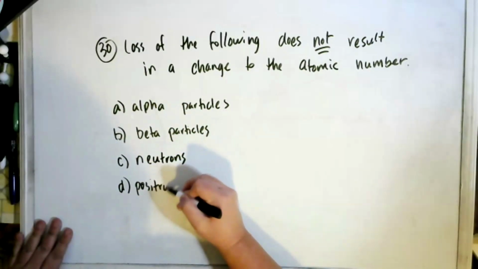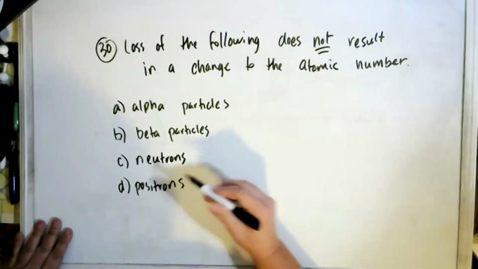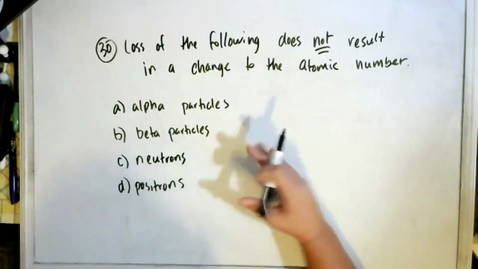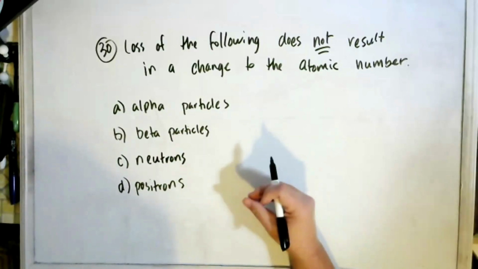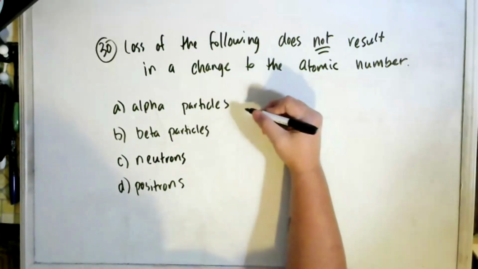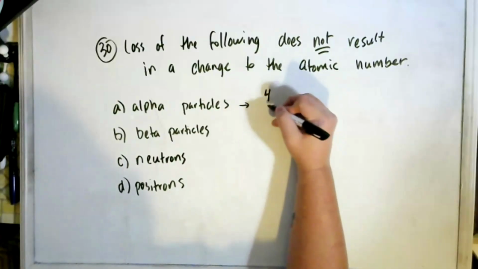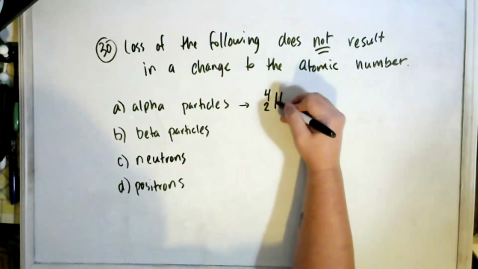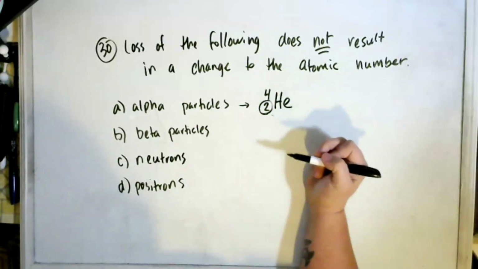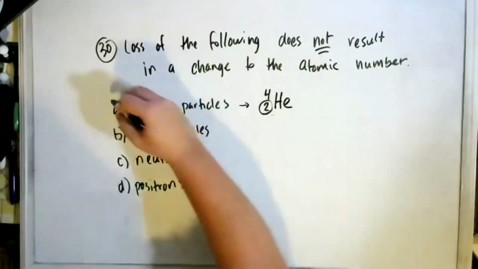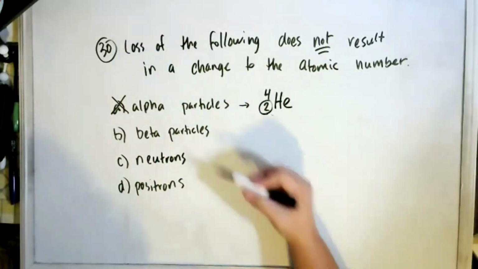So any of these particles that have a value in that subscript part will change your atomic number. Alpha particles change your atomic number by 2, so that can't be the right answer.